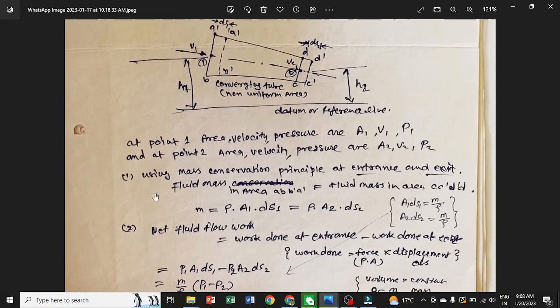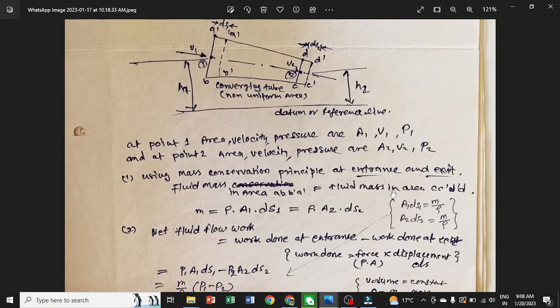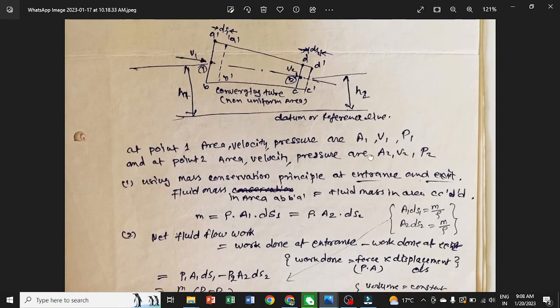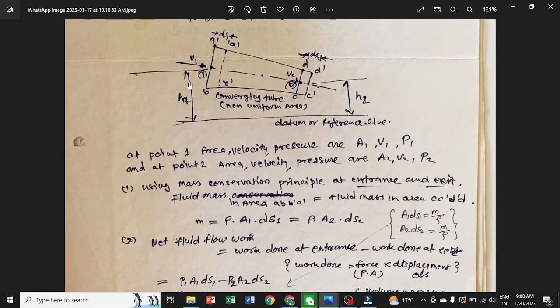So let us start. Point number one, using the mass conservation principle at entrance and exit of the pipe. Section one is called the entrance because the fluid is entering this side, and the exit is called section 2.